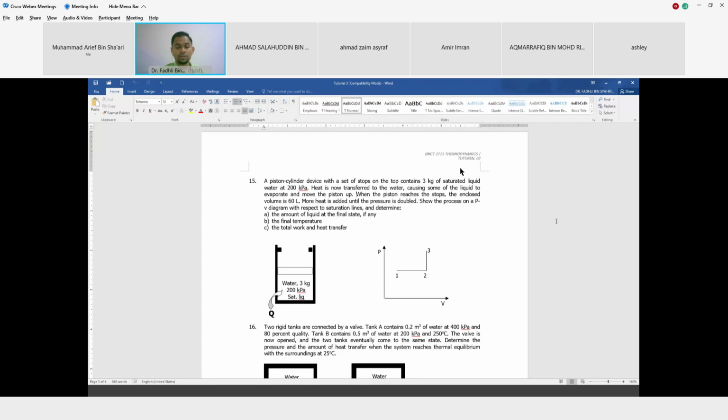But now they have 3 states, state 1, state 2, and state 3. That's why I say this question is very tough. And second, we need to find the amount of liquid, not the amount of the substance. Amount of liquid here means mf. Amount of liquid, mf.